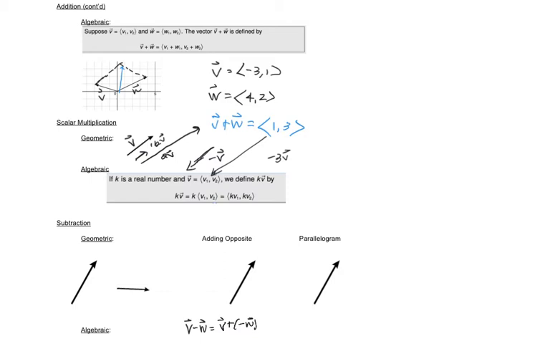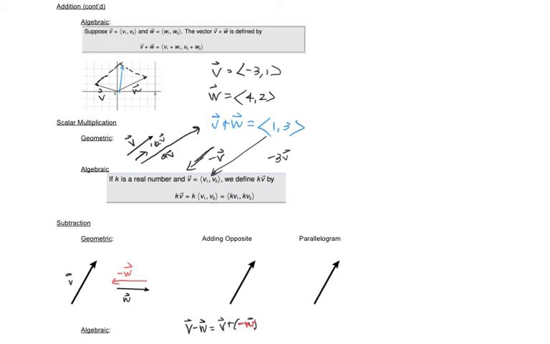So if I wanted to think of it that way, then I take my opposite of w. If this is w, the opposite of w looks like this. I guess I should label that w. There's w. This is v.